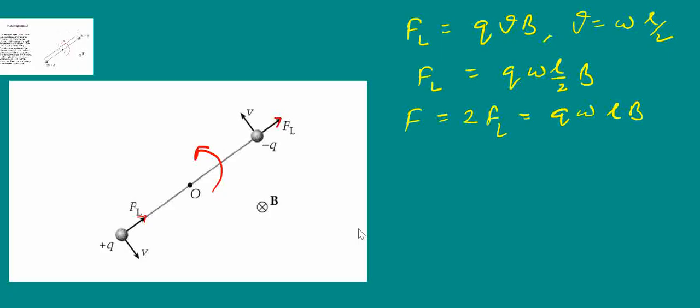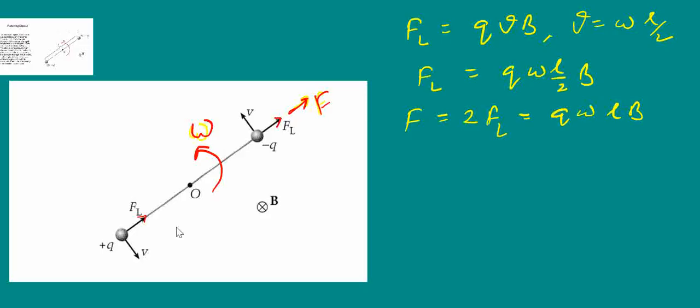The value of this force is constant, but its direction continuously changes. Basically, the resultant of these two forces, vector F, rotates with the rod with angular velocity omega. This net force F keeps rotating with the rod with the same angular velocity omega.